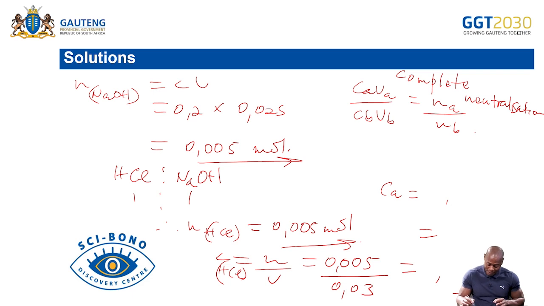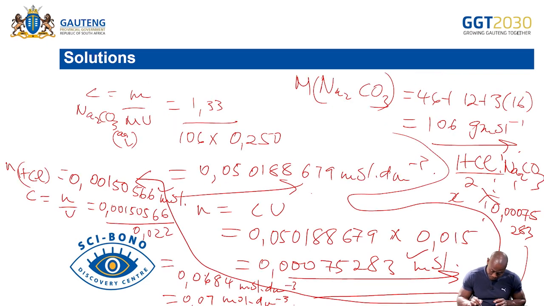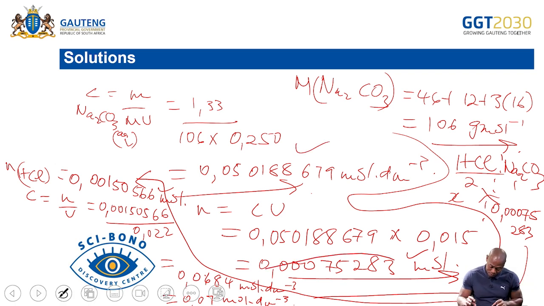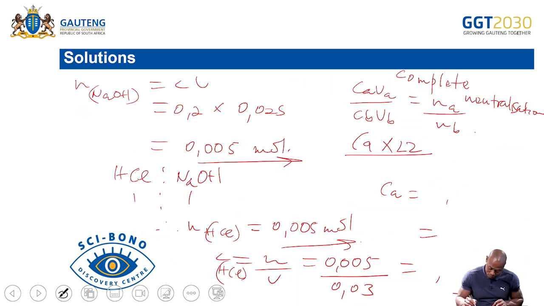So CA, that is the concentration of an acid, which is what we are looking for. VA, the volume of the acid, was 22. And then the concentration of a base is what we calculated, 0.050. Yeah, let's use that one. So it's 0.050, right? Times the volume of the base that was used, which was 15.